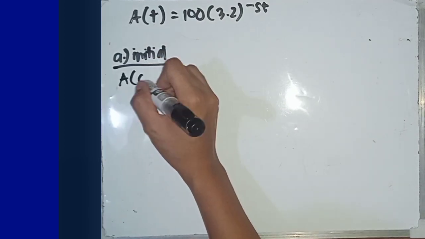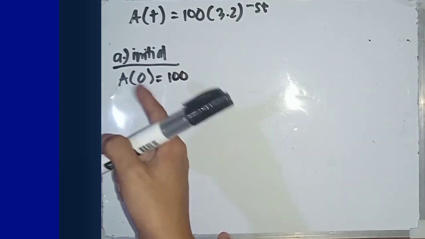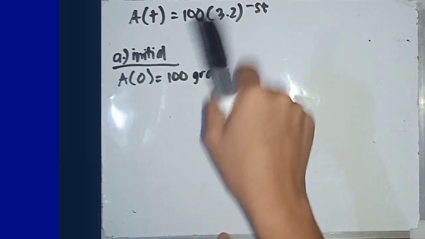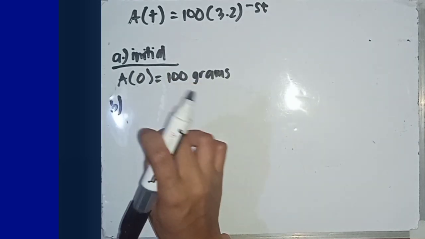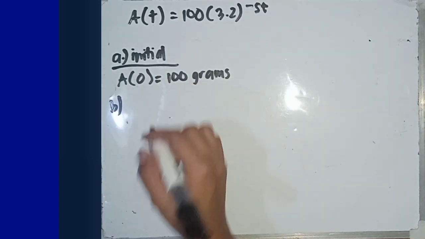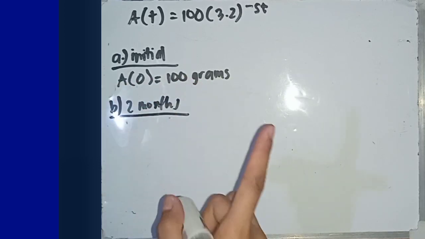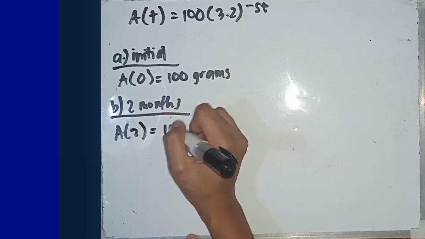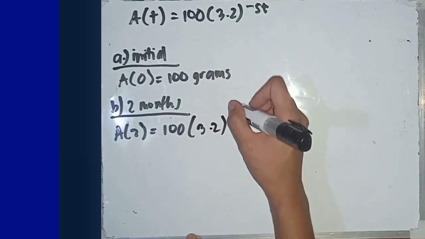So let us just let T be 0. So A of 0 is equal to 100. So that is the original or initial amount, 100 grams. For letter B, how much was present 2 months later? So let us just change the T to 2 to represent 2 months.